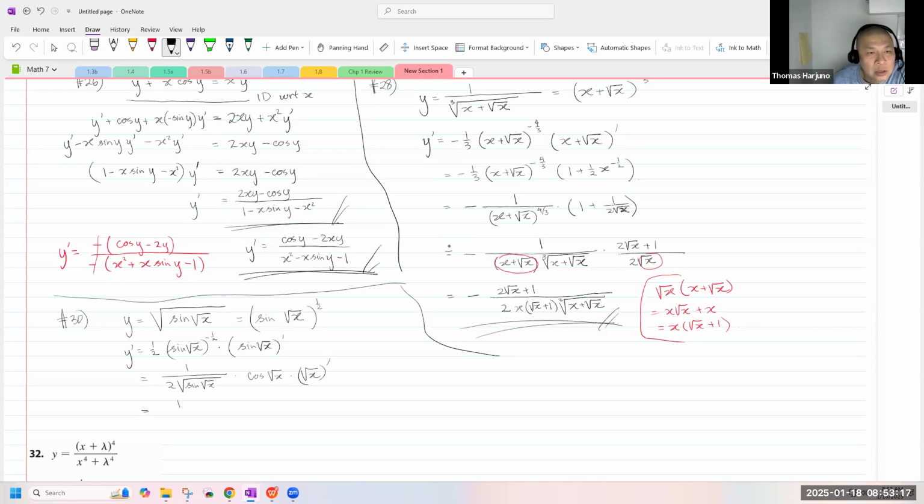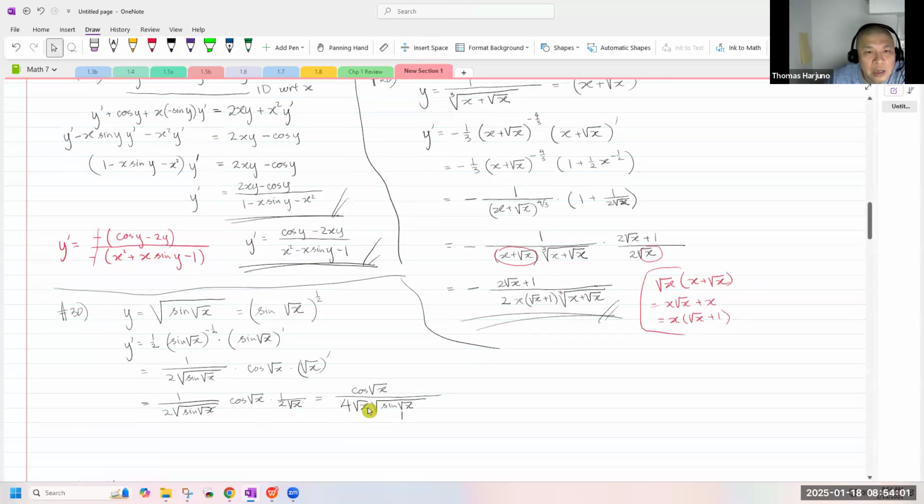Which will be 1/2 x to the power of negative 1/2, so square root of x like this. Let me simplify that right away. On the numerator we have cosine square root of x. On the denominator we have 4 square root of x square root of sine square root of x, which I think we can reasonably rationalize.